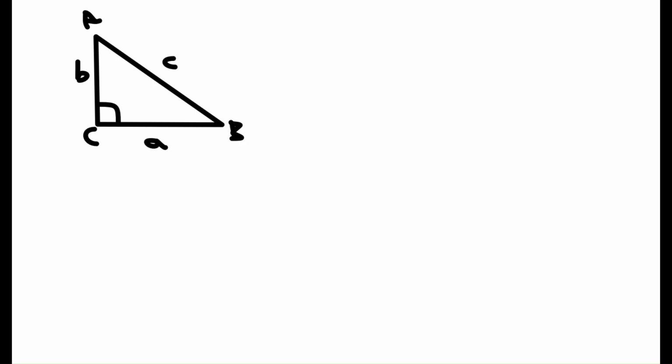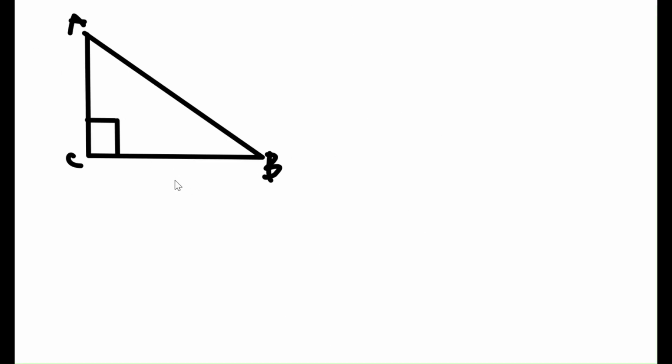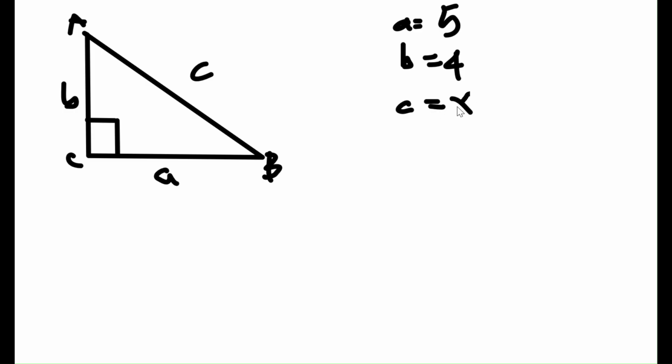Next. So let's say we have triangle ABC. We have A here, B, and C. Let's say A is equal to 5 and B is equal to 4. And we will be looking for our C, which is x.